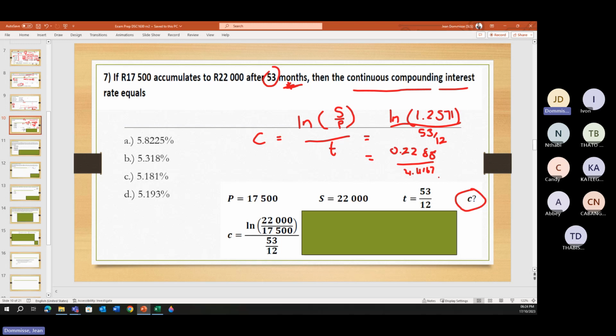Okay, so I divide that by that, and remember we need percentage, so we need to times that by 100. I get 5.1804%.